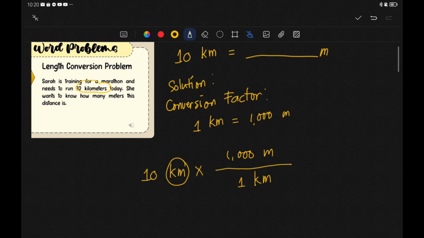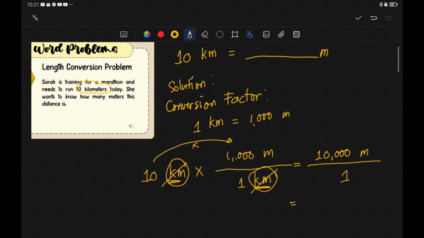Remember, this is our unit. The denominator should be the same as the unit here. You can cancel this out. 10 times 1,000, that is 10,000 meter over 1, or simply that's 10,000 meters.